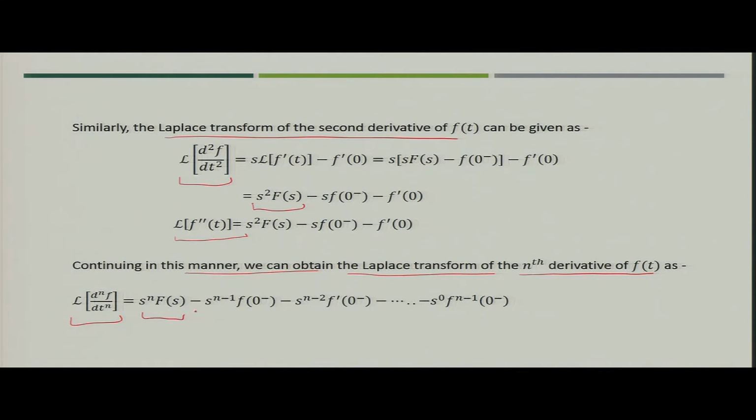So, this is your generic expression for finding out the Laplace transform of dnf by dtn.